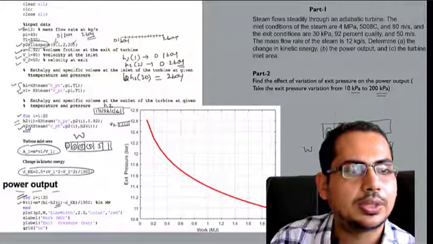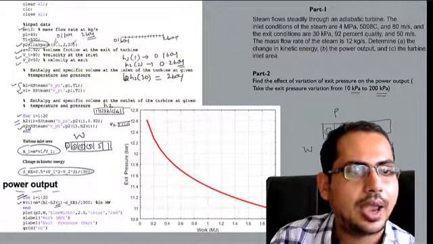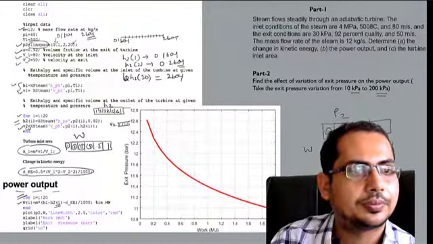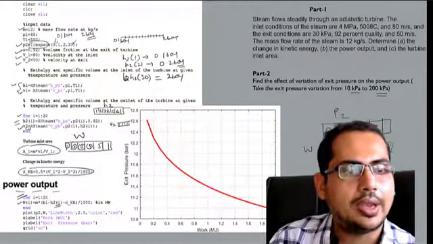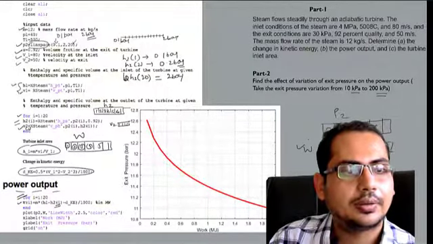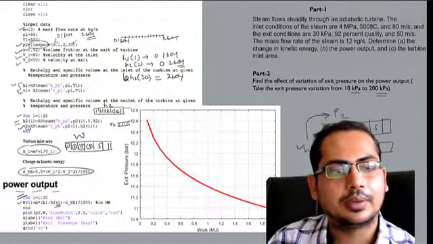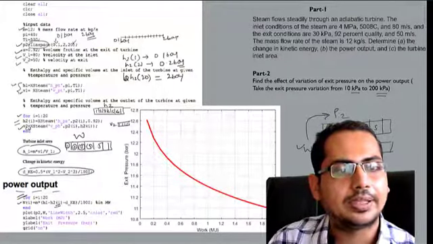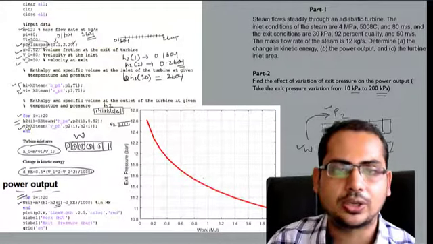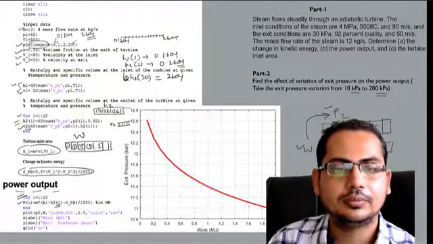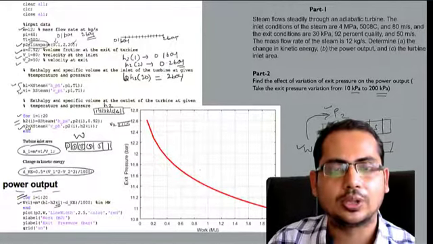This is the pressure at the exit, P2, and now I am plotting that work corresponding to the exit pressure, and this is the plot.